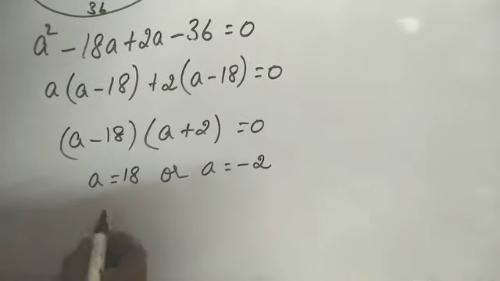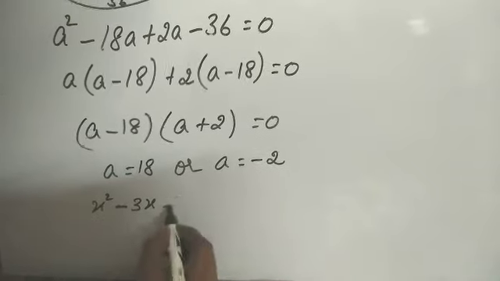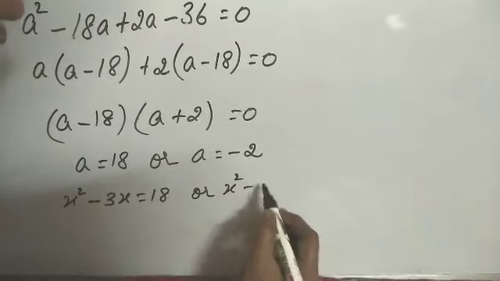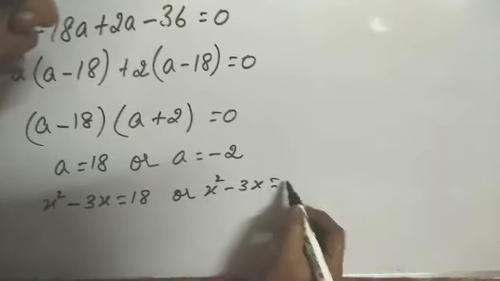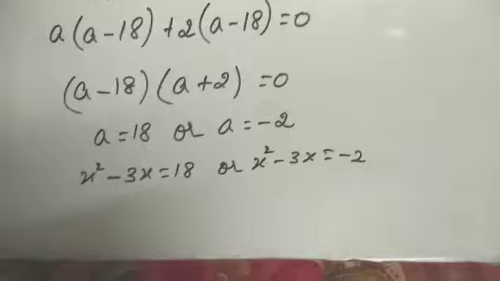And what is a? X squared minus 3x is equal to 18 or x squared minus 3x is equal to minus 2. Okay. Now again we have to solve it.